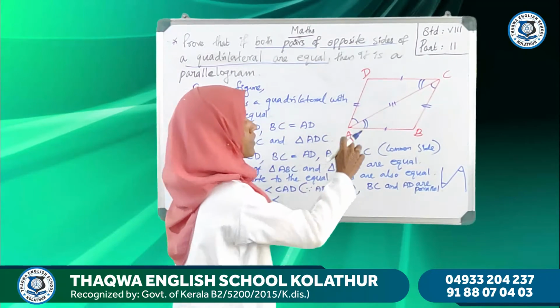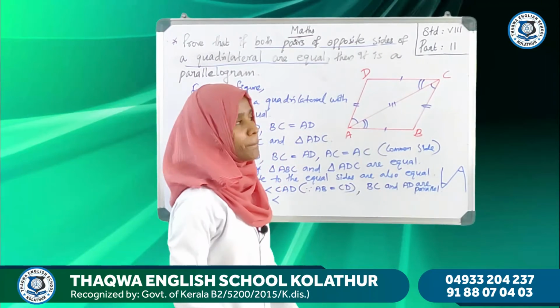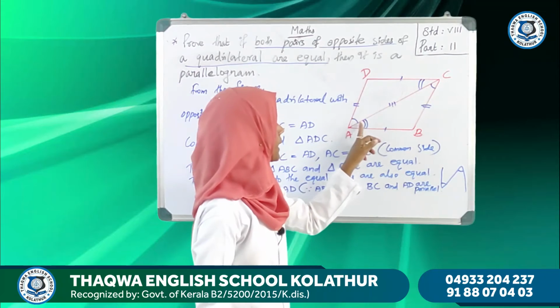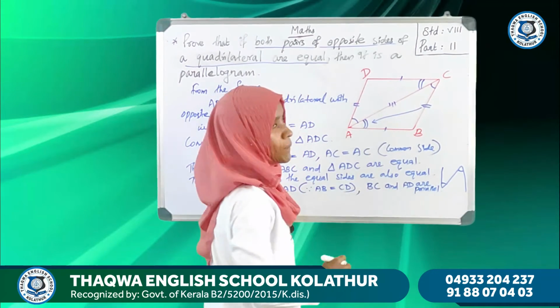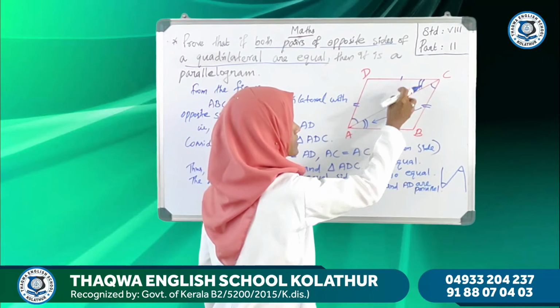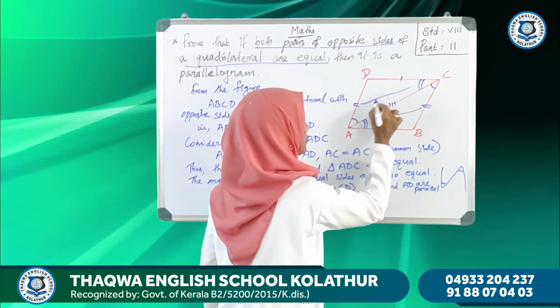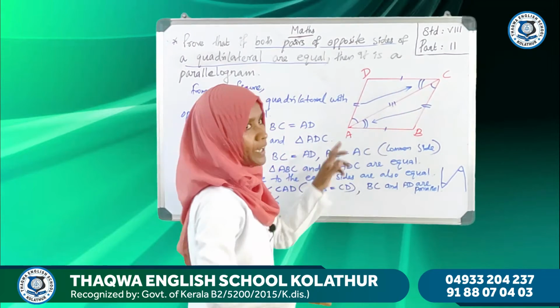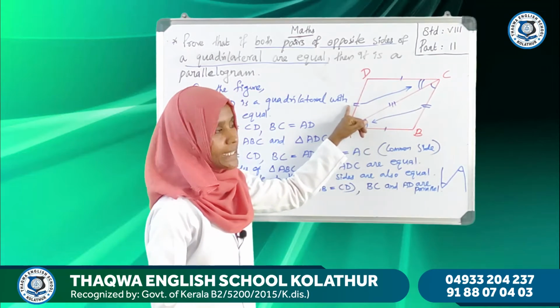Angle CAB is opposite to the side BC. In this case, angle ACD is opposite to the side AD, and we have given BC and AD are equal.